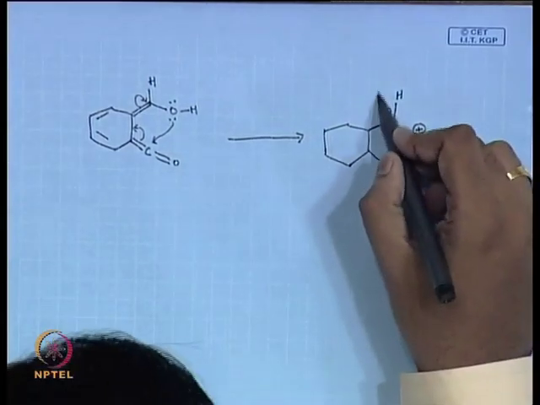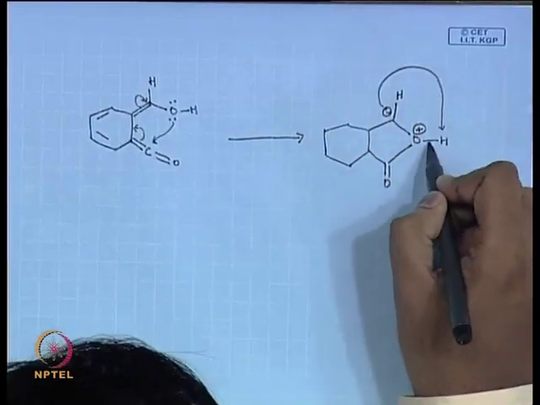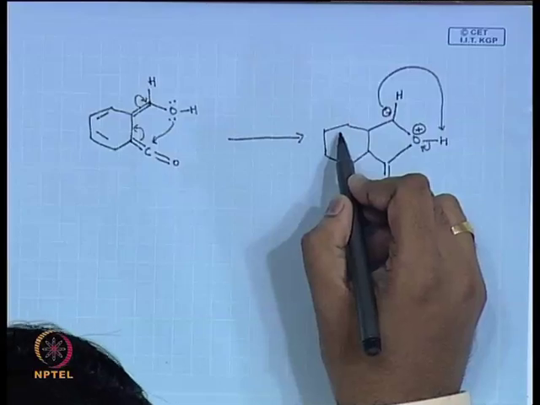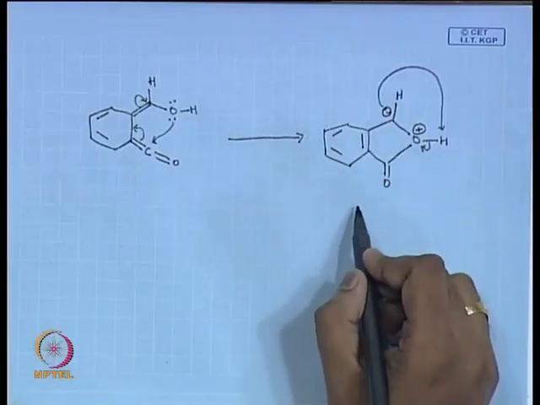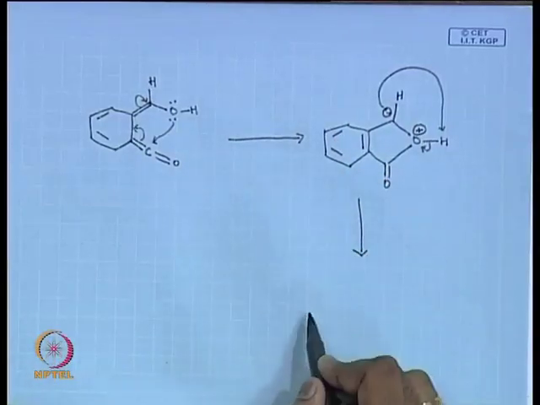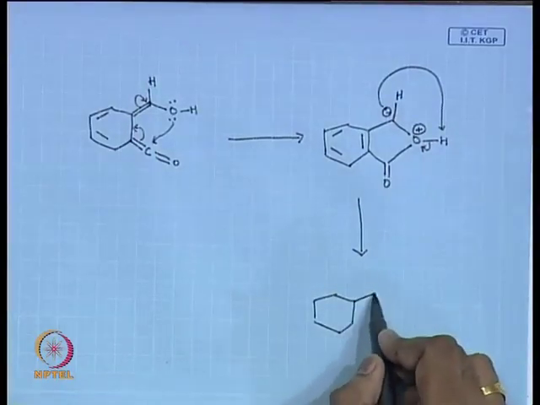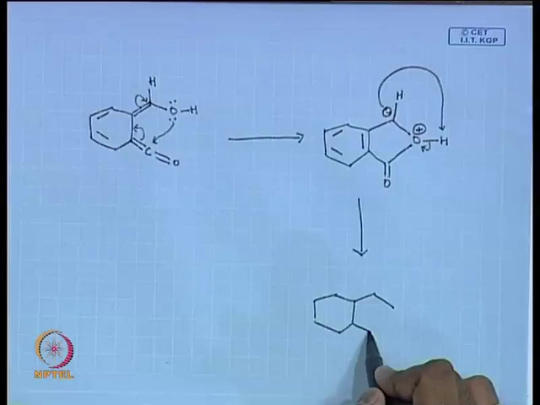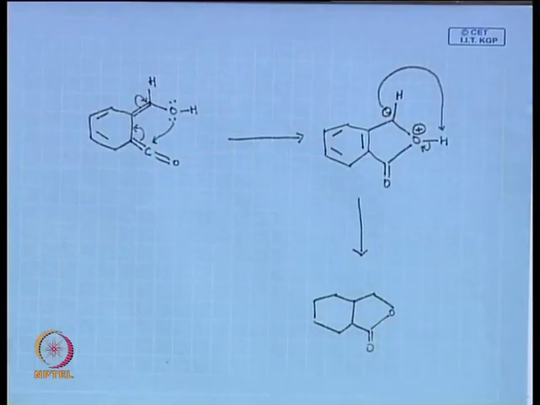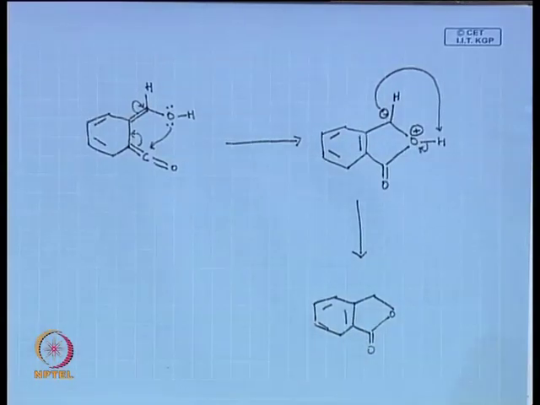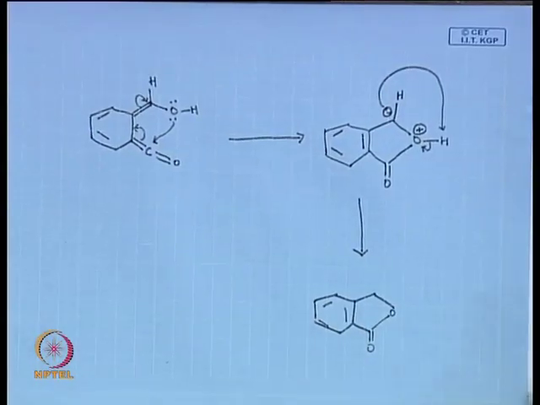Then your minus can take this hydrogen, just a 2 electron minus. Nice, right? It is a type of photoenolization chemistry.